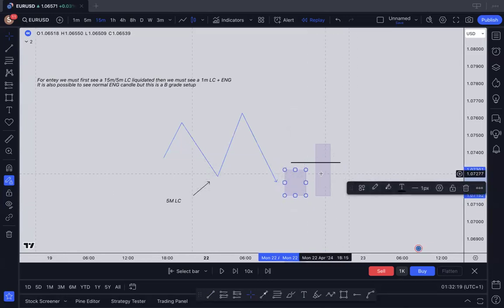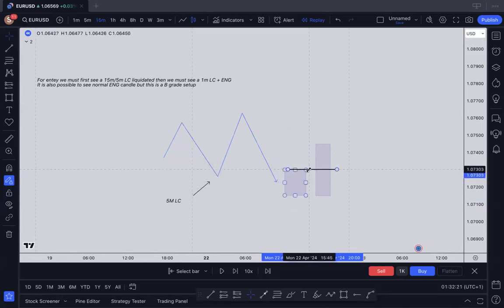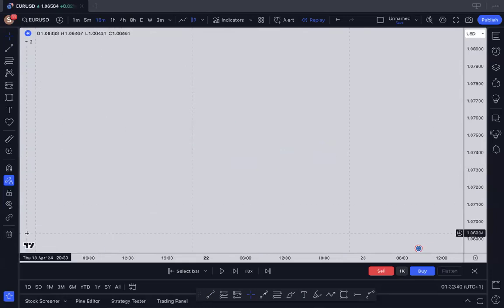Then this is a B grade setup. Now, this must come and take out the high of this as well. However, this is a B grade setup and you can still take them, as sometimes these do work. However, the best setup if you want the highest win rate is a liquidity candle. So let's go onto the chart and have a look at some of these.